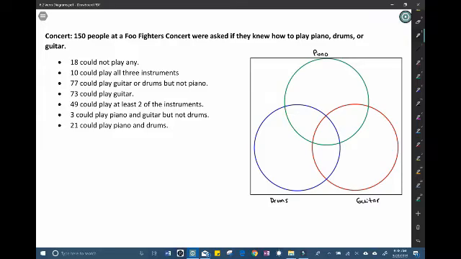150 people at a Foo Fighters concert were asked if they knew how to play piano, drums, or guitar. 18 could not play any. And again, the other thing we know, the universe is 150. That means they're the 18 out there. 10 could play all three. 77 could play guitar or drums, but not piano. Guitar, drums, not piano is 77.